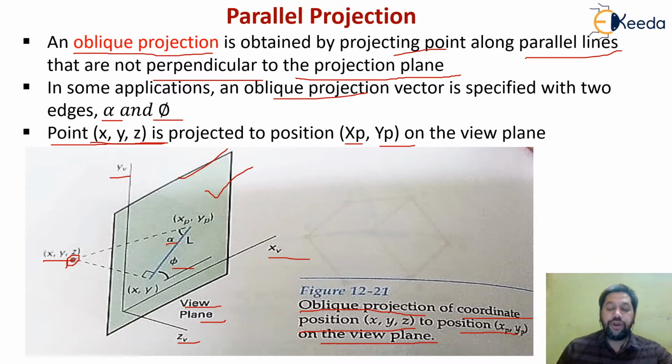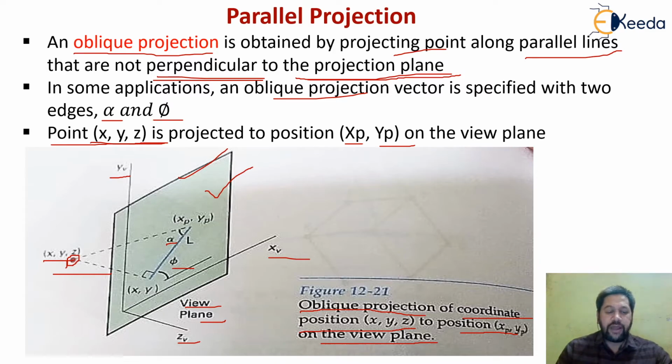It may be 30 degrees, 40 degrees, 50 degrees; we can change this angle to view the point or object in oblique projection, and definitely it is not perpendicular to the projection plane. That's why we can change this angle, maybe 30 or 40 degrees, as per our requirement.